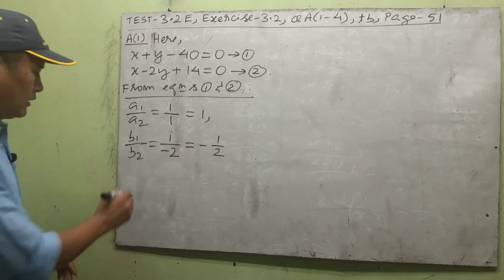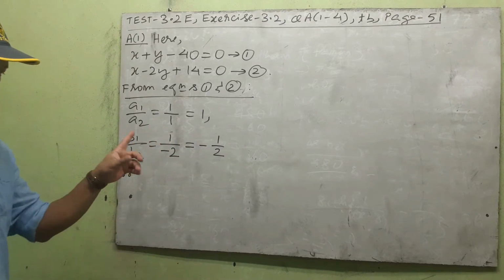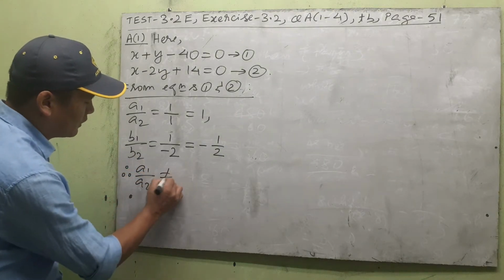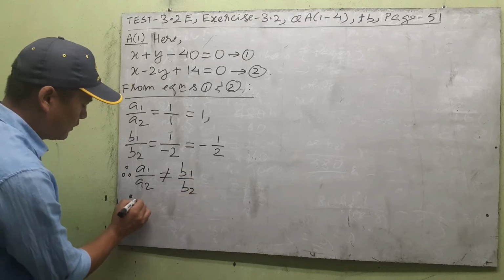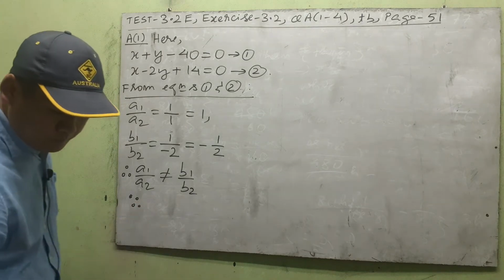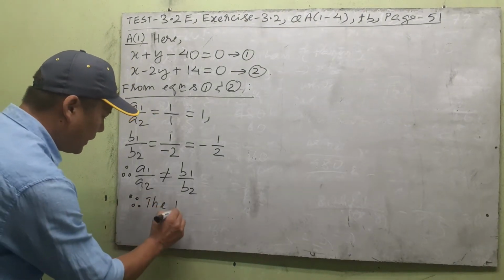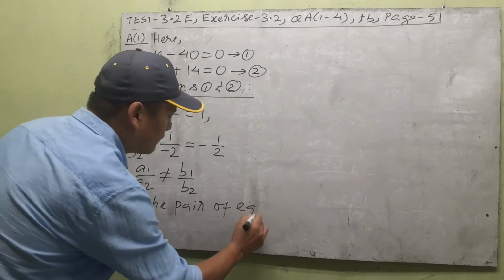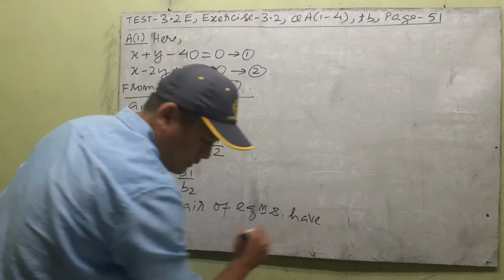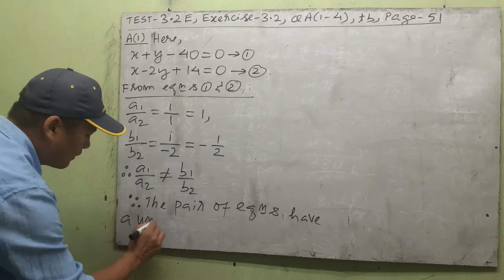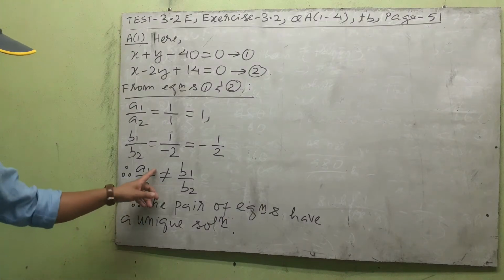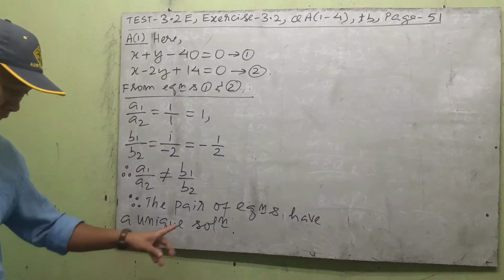They are definitely not equal. So if they are not equal, then we need not bother to find C1 by C2, because if A1 by A2 not equal to B1 by B2 like we see here, therefore the pair of equations, these two, have a unique solution, because when A1 by A2 is not equal to B1 by B2, we know they have a unique solution.